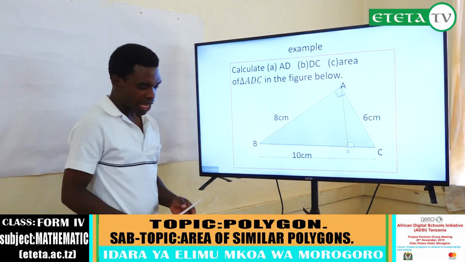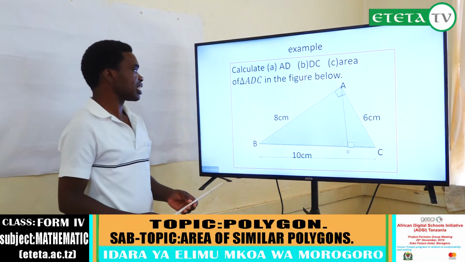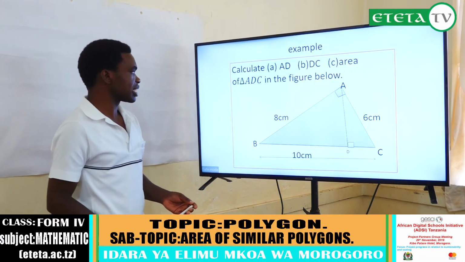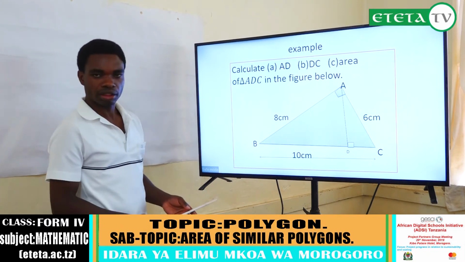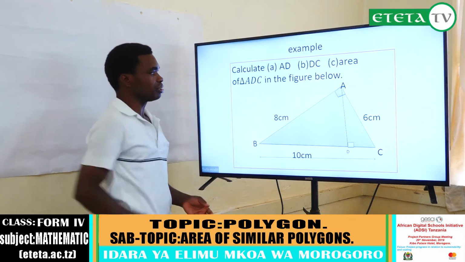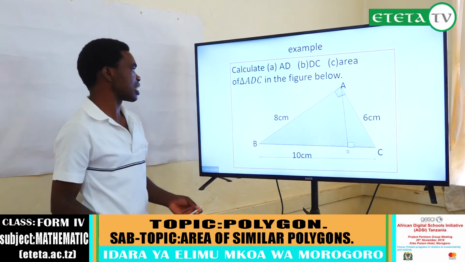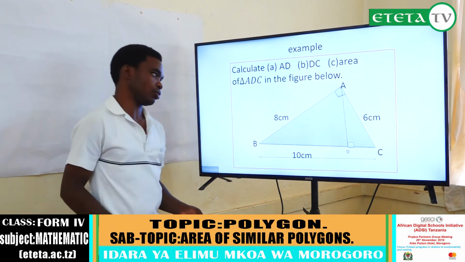Again, let us have another example, which is example number 2 in this lesson. The example says calculate. We have 3 parts here. Part A says AD, part B says DC, and part C says the area of triangle ADC in the figure below.